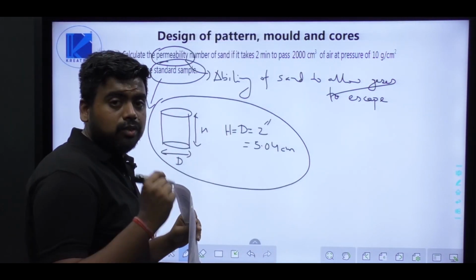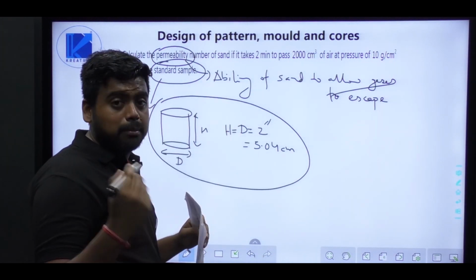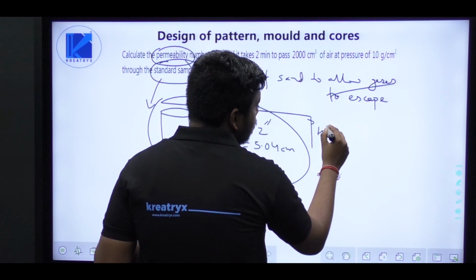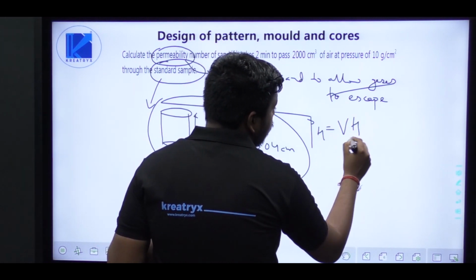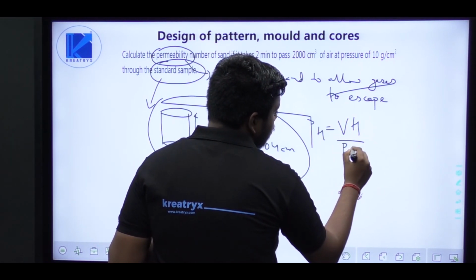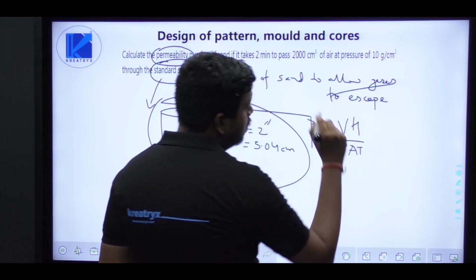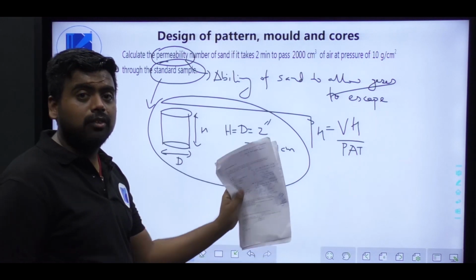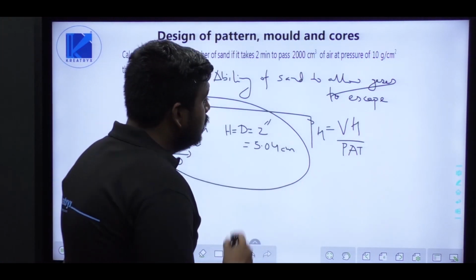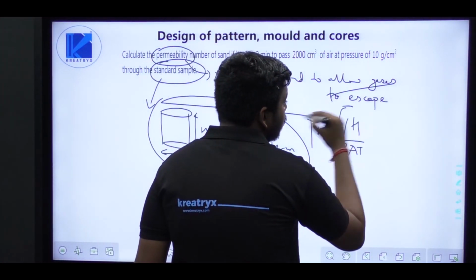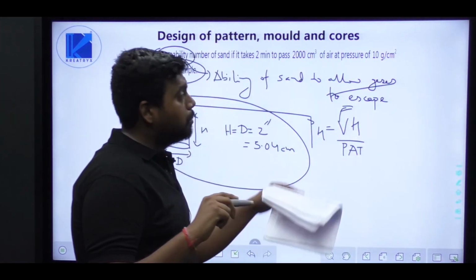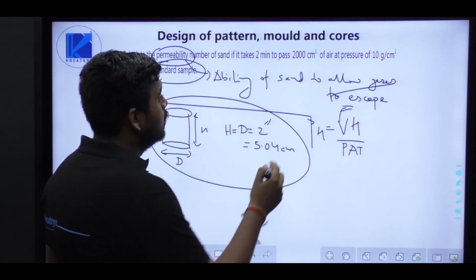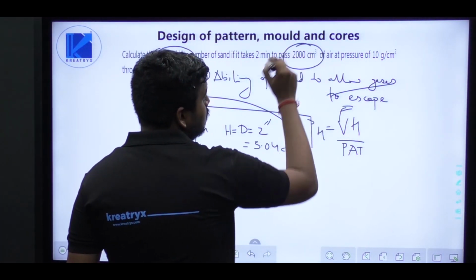Now, what is the formula involved in calculating the permeability number? It is PN written as VH upon PAT. So what is V, what is H, what is P, what is A, and what is T? V is the volume of the air which is passing through the standard sample, and in this question it is 2000 centimeter cube.